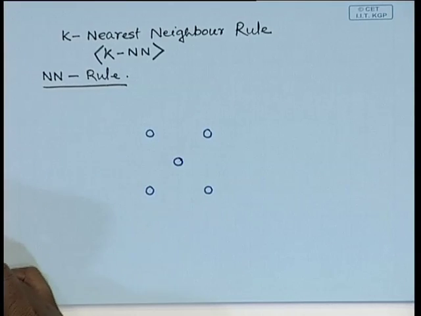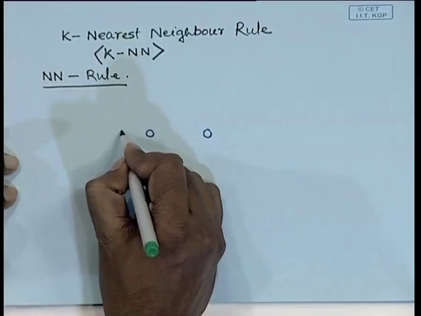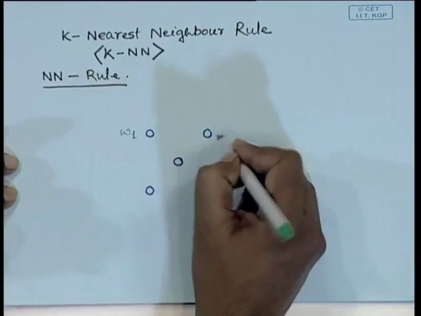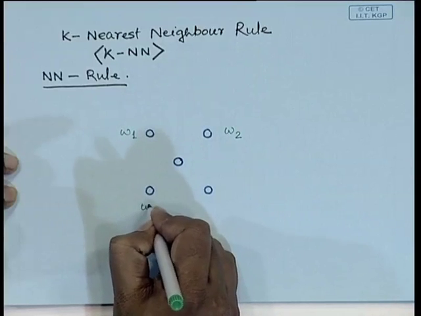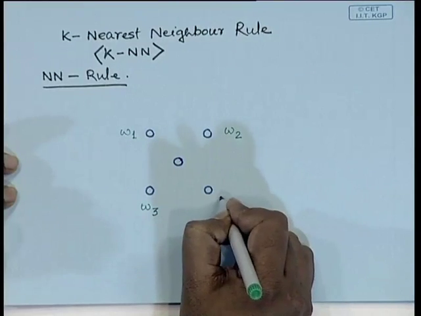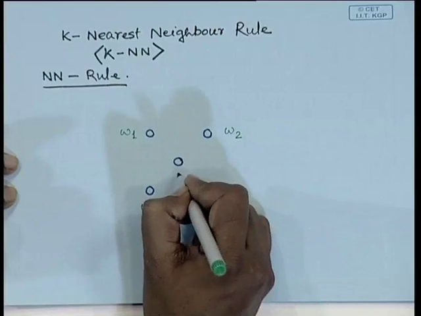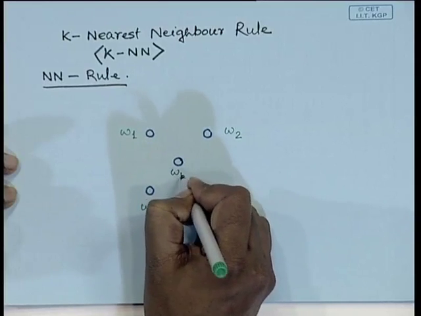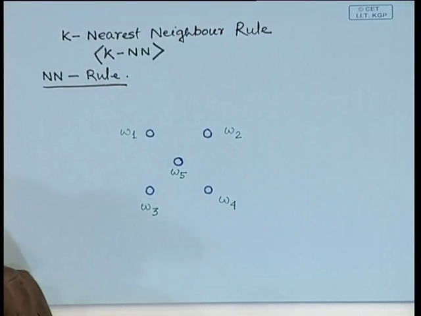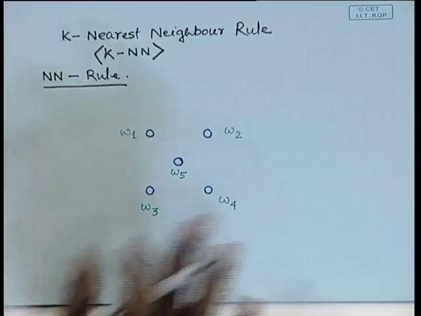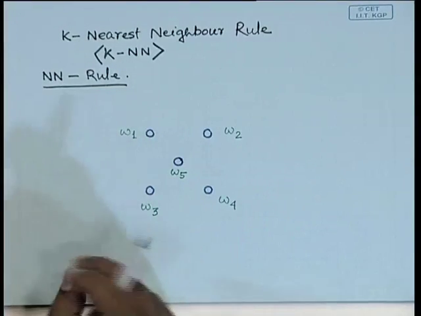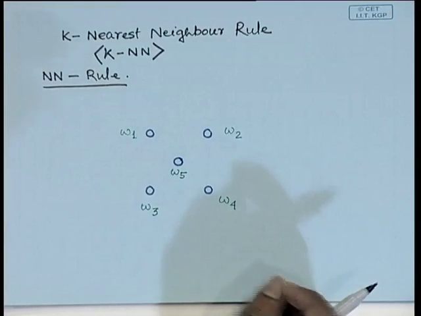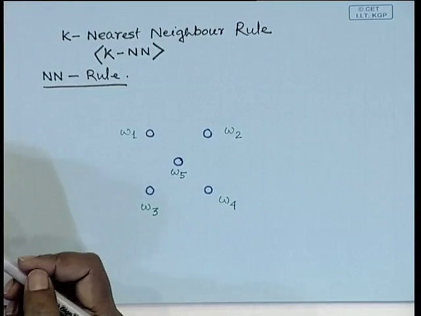Let us assume that this sample belongs to class say omega 1, this sample belongs to class omega 2, this sample belongs to class omega 3, this one belongs to class omega 4, and this one belongs to class omega 5. Now, following the nearest neighbor rule, I want to find out the decision boundary which separates all these different classes.